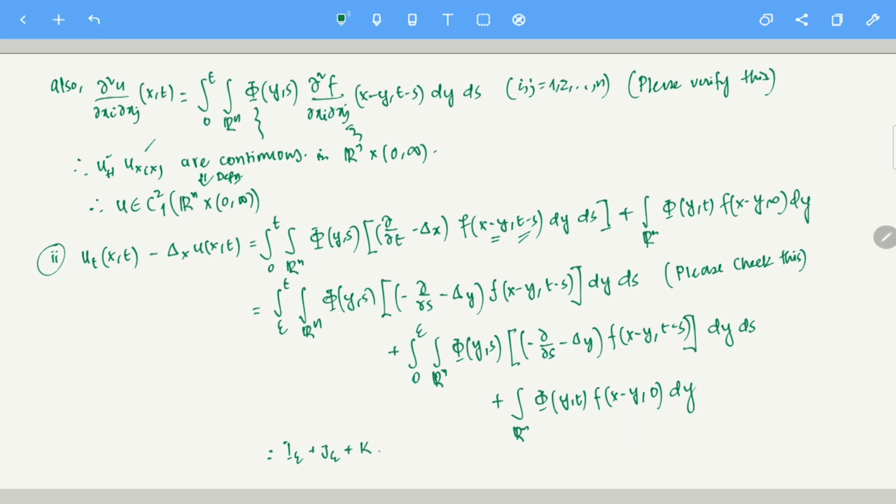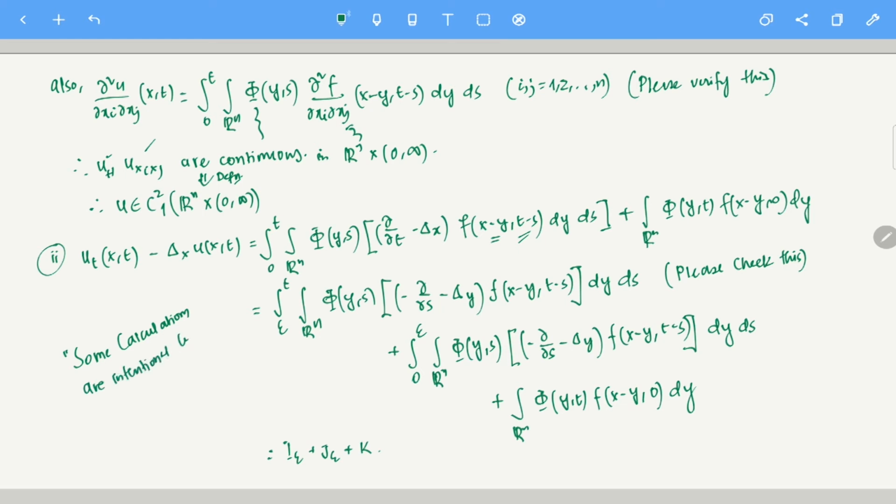Now one small detail I want you to understand is this. Some parts I'm just leaving out. This is intentional. Some calculations are intentionally left. Why?